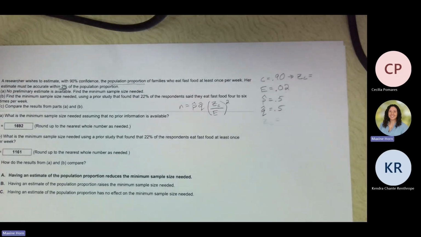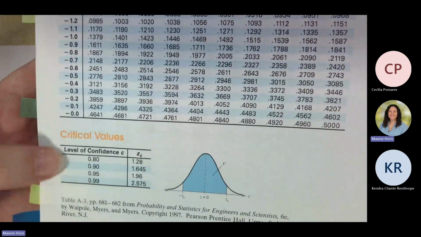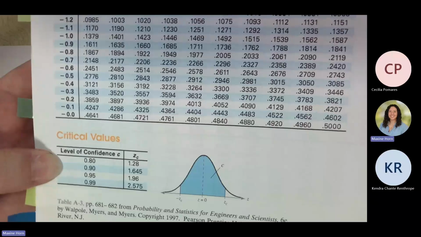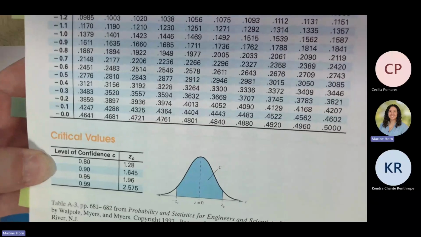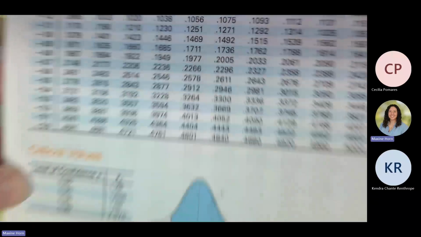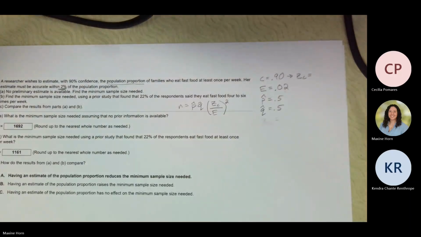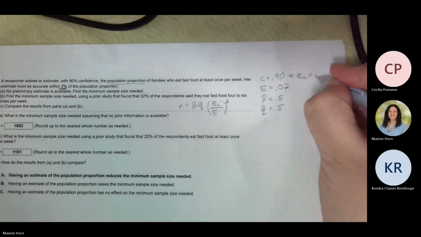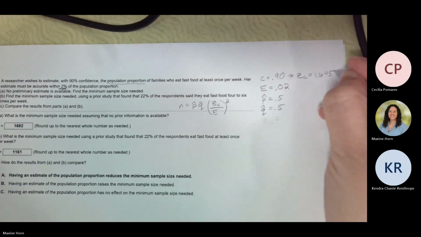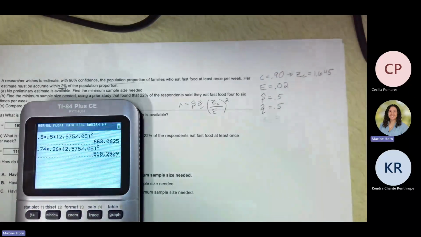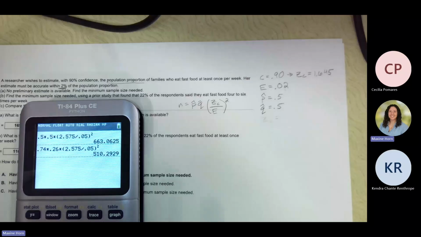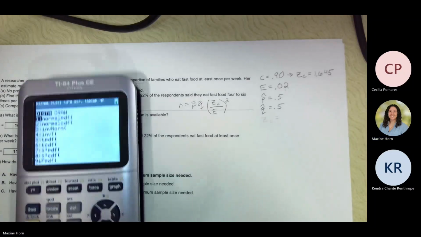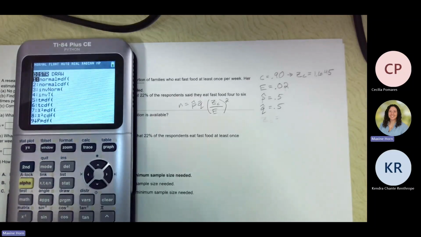So let's go back. When we have a confidence level of 0.9, our corresponding z-score is 1.645. Or again, if we wanted to find that value on the calculator, we go second vars. Sorry, let me do that again.